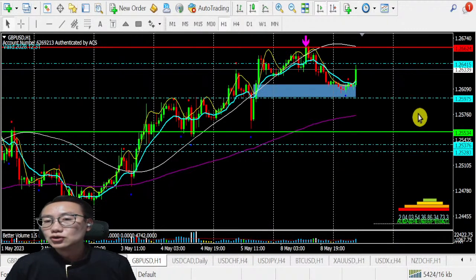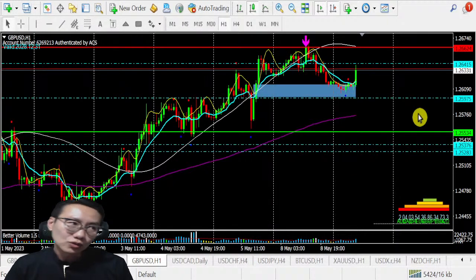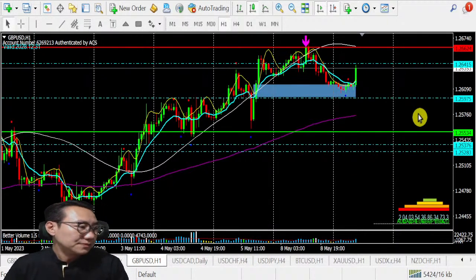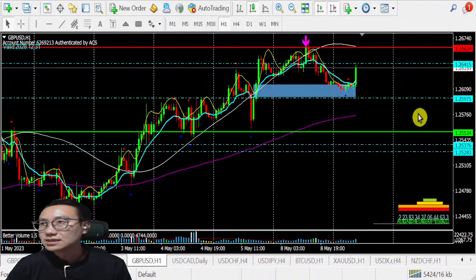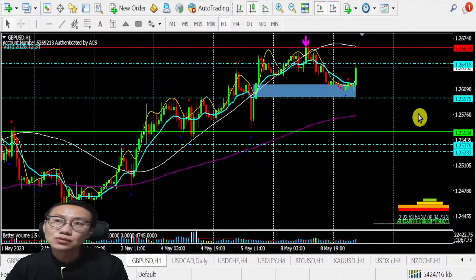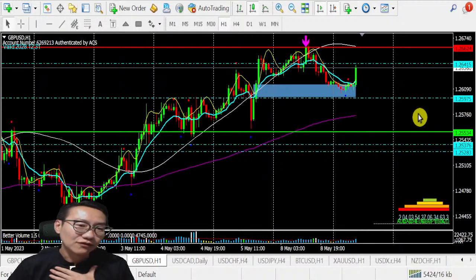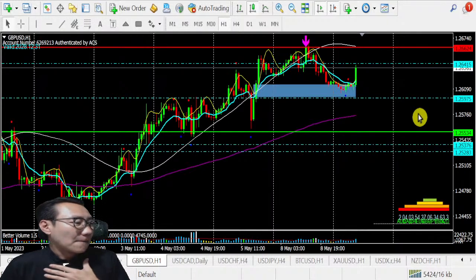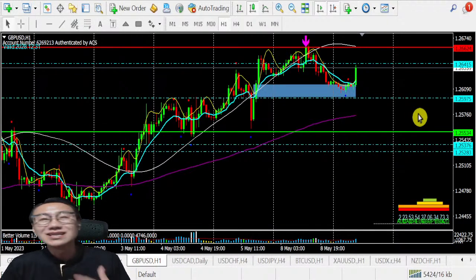So it's nothing new for the smart money, but it always comes in a very different manner, so we just have to be very attentive to how the market is reacting. Then from there, I will be able to tell where it is going.